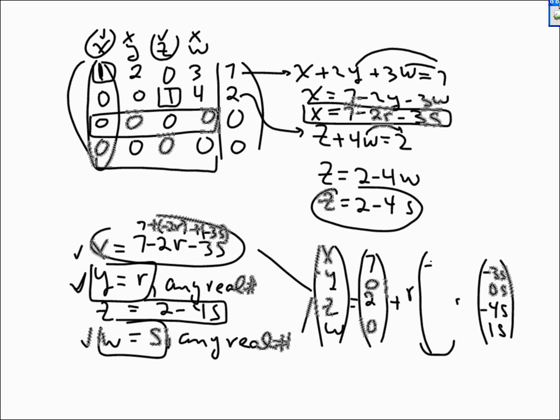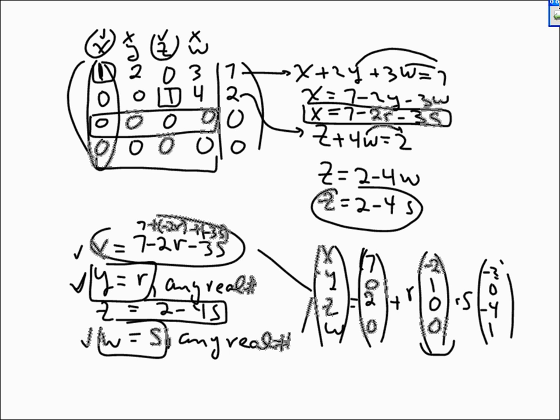X has negative 2 R's, Y has 1 R, Z has no R's, and W has no R's. The last matrix, they all have an S. You can factor out that S. And there is your answer.